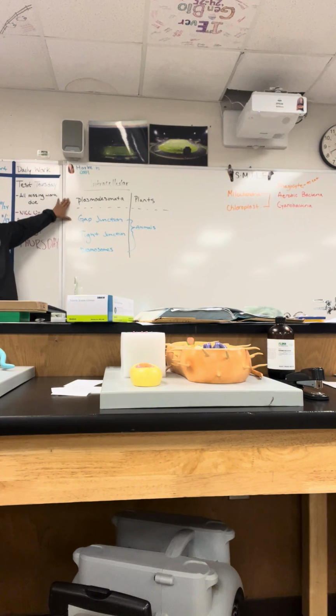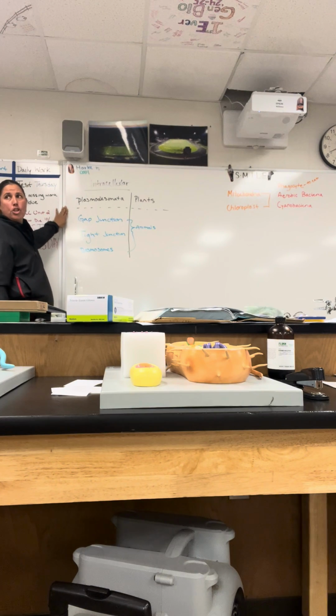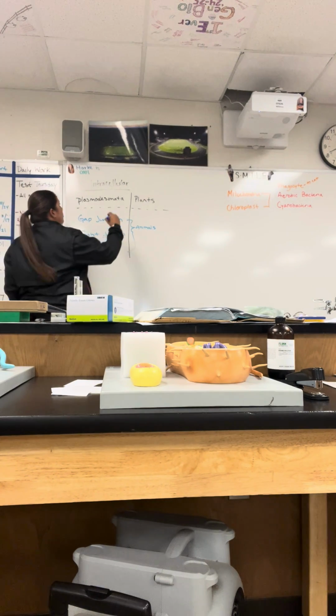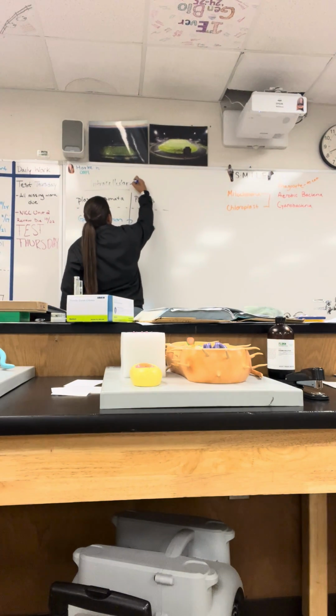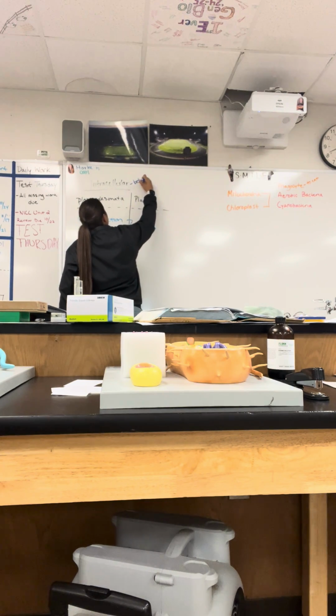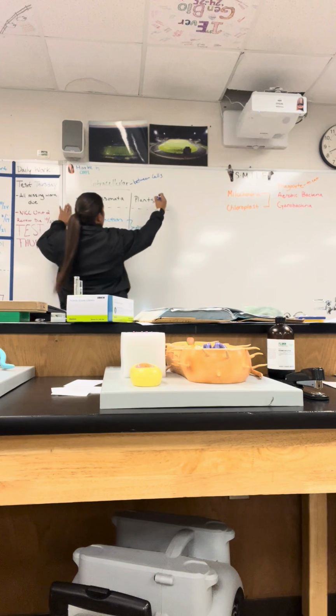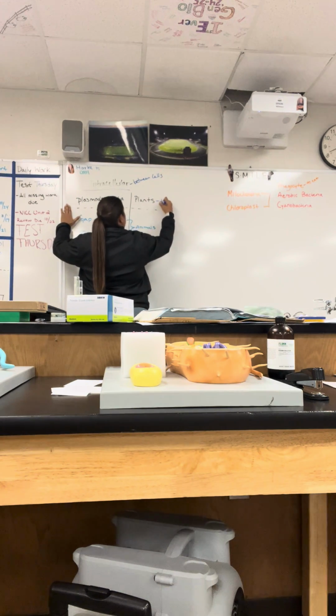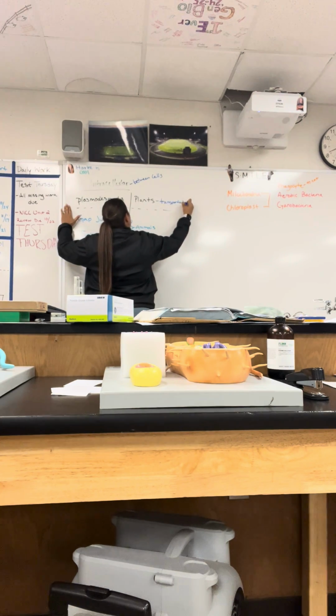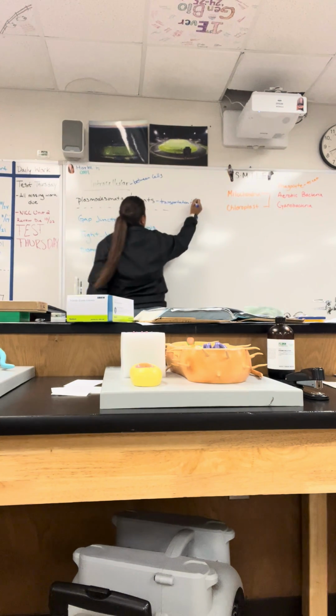Now with this, remember all of your intracellular junctions are between the cells. So whenever we're talking about an intracellular junction, we are talking about between cells. For plasmodesmata, it helps with transportation and communication.